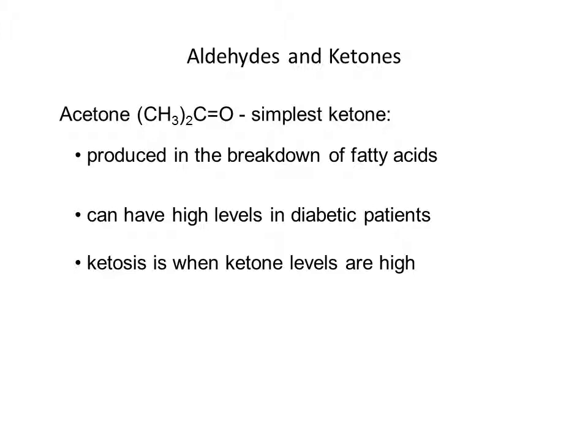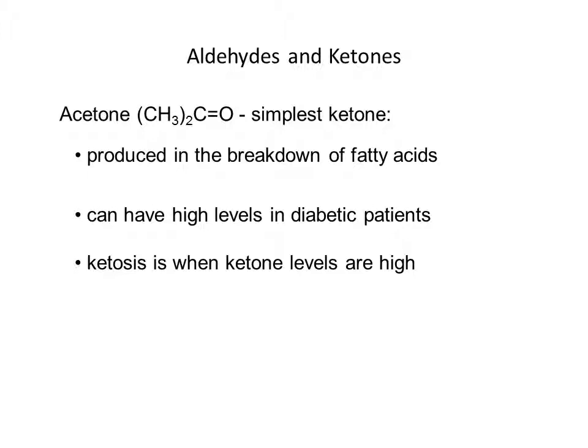There is a ketone that is very common in your body. It's present in your body right now, and it's called acetone. It's the simplest ketone that there is, and when we break down fatty acids, acetone is produced. When you have a low concentration of carbohydrates in your diet, which sometimes happens with diabetic patients, your body tries to make more carbohydrates in order to have enough for all the processes that need carbohydrates.